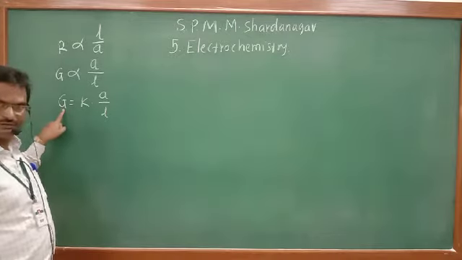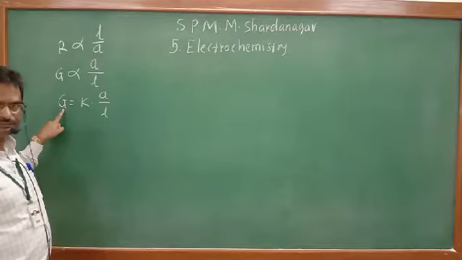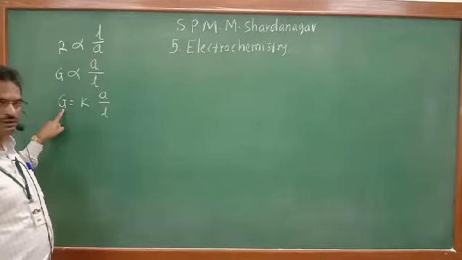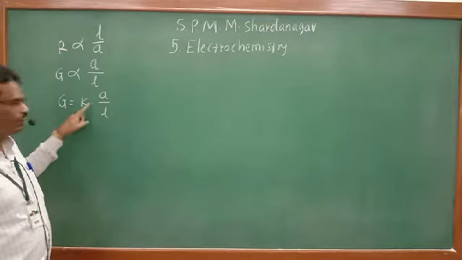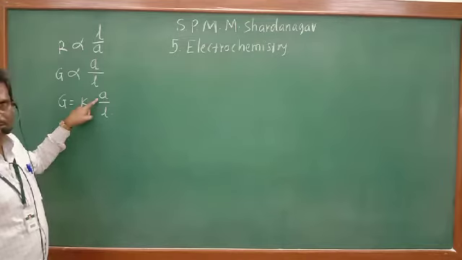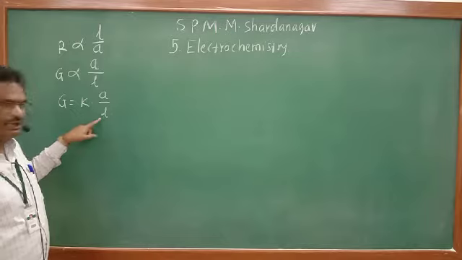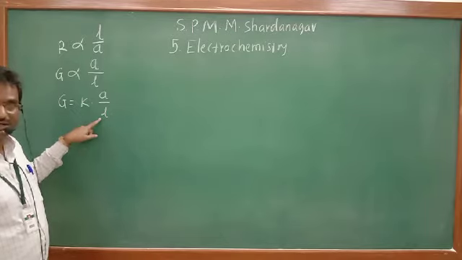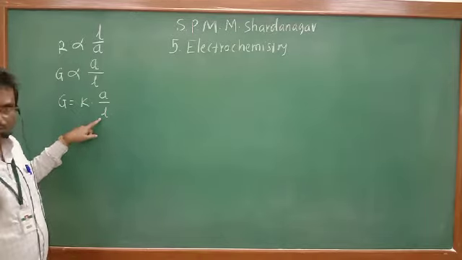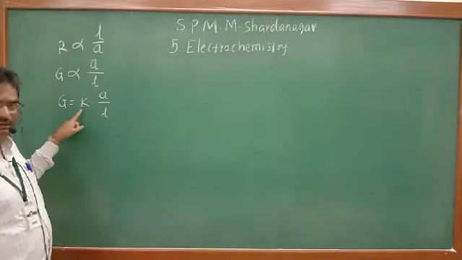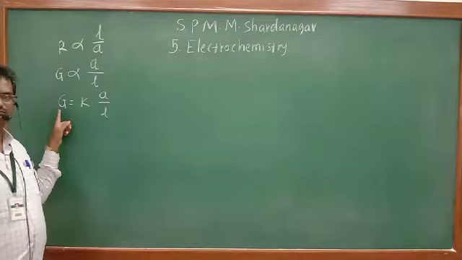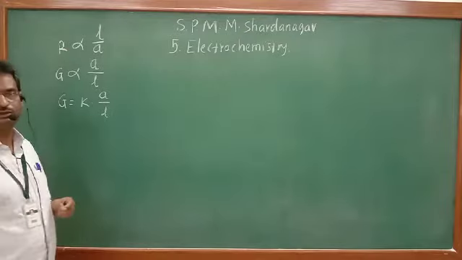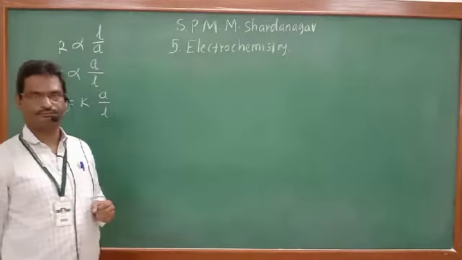G is conductance. So for G is equal to K, what is the value of A? 1. What is the value of L? That must also be 1. So conductivity K is the conductance of a unit cube of volume.